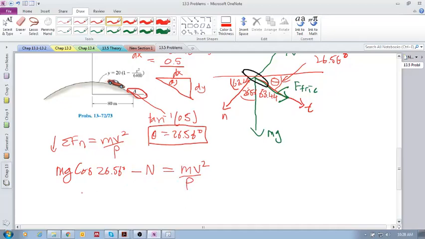Are you happy with that? The mass of the car is 800, so 800 × 9.81 cos 26.56 minus the normal is equal to 800 times the speed at that time, 9, squared.